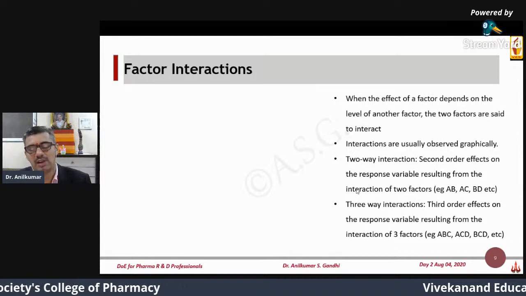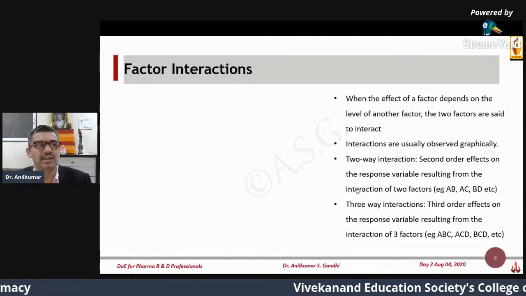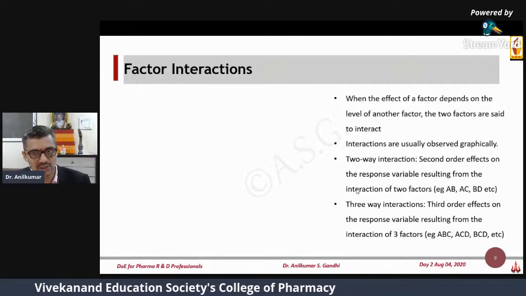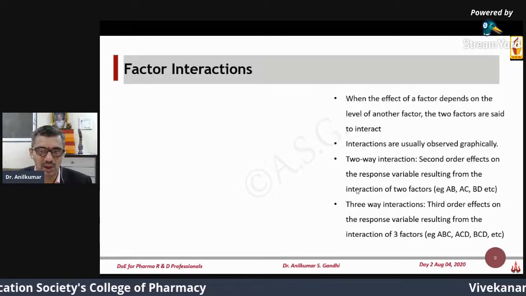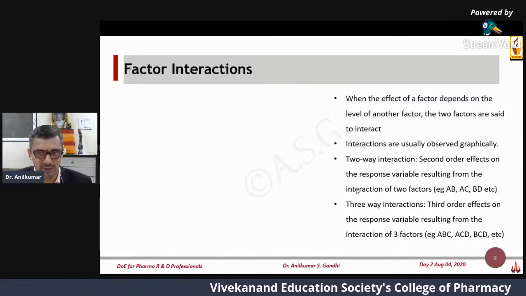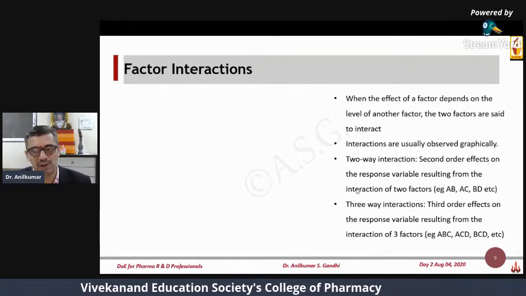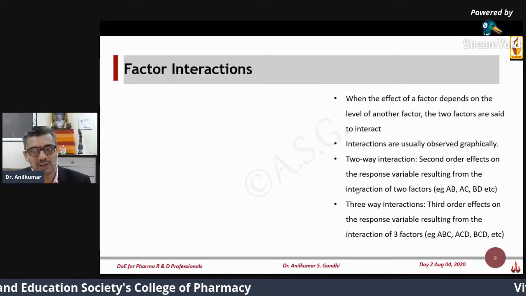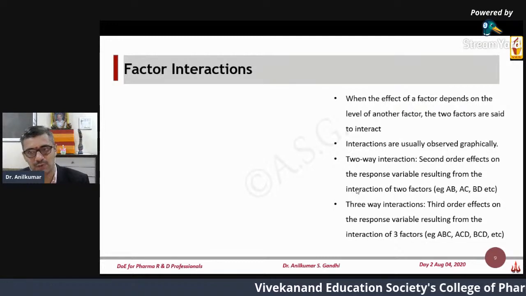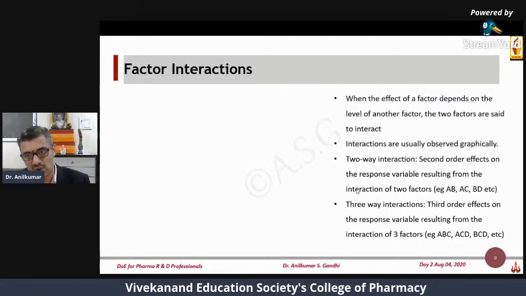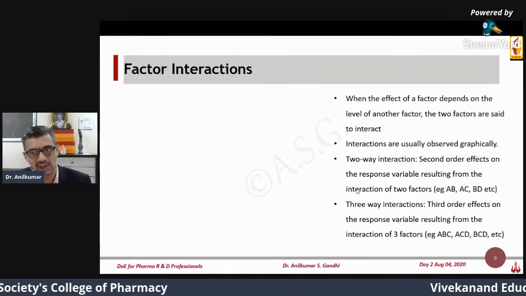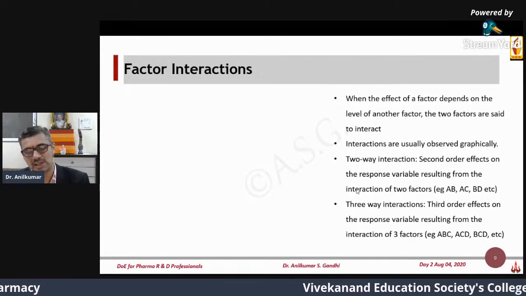So the effect of sugar in the cake depends on what temperature you use. And this is what we mean by interaction between the two factors. If you read this sentence again, the effect of a factor, which is sugar, depends on the level of another factor, which is the oven temperature, then the two factors are said to interact.